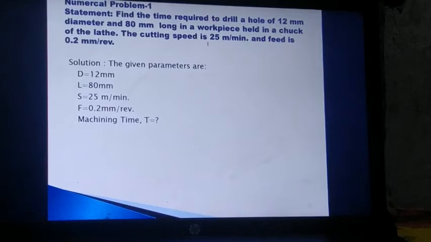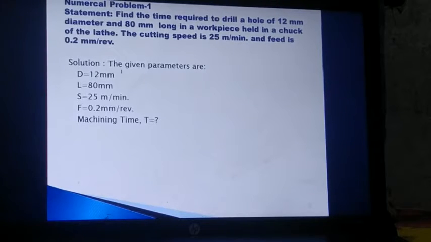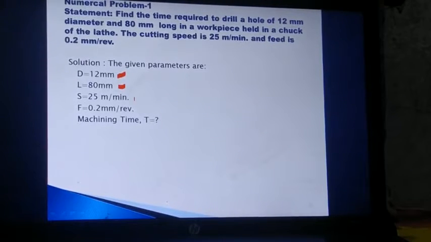The cutting speed given is 25 meters per minute and the feed is 0.2 mm per revolution. So first we will write the given parameters: diameter D as 12 mm, length as 80 mm, cutting speed as 25 meters per minute, feed as 0.2 mm per revolution, and we have to calculate the machining time.